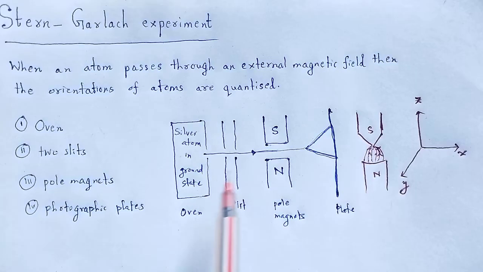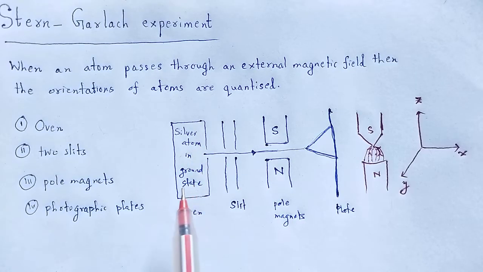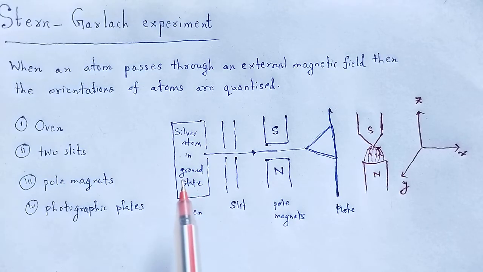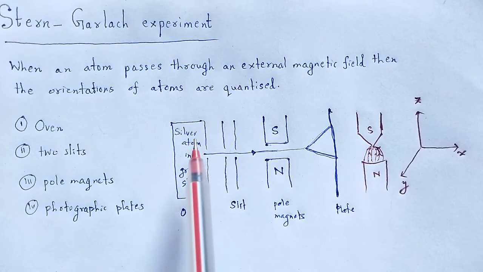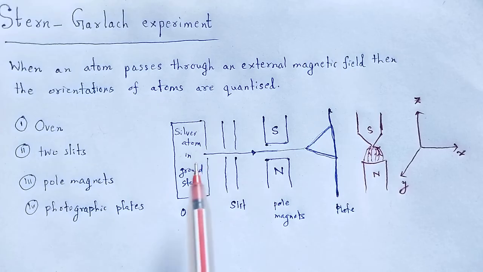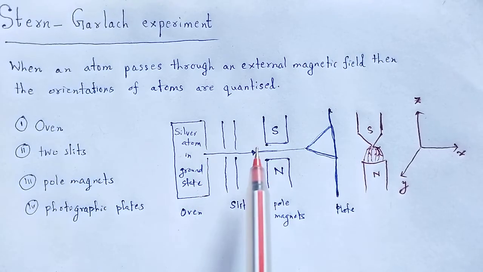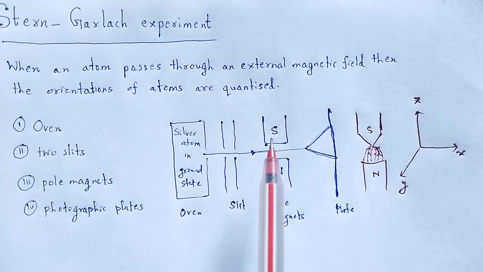Again, a question arises: why do we take the silver atom in the ground state, not in the ionic state or the excited state? Because when we use the silver atom in the excited or ionic state, when that ion passes through the magnetic field, it experiences a new type of force, the Lorentz force, and due to that Lorentz force there will be no production of tracing forces.